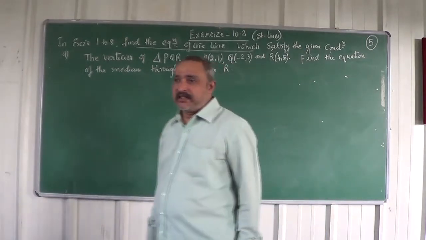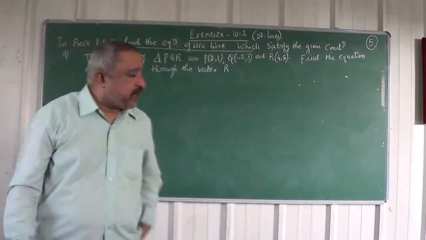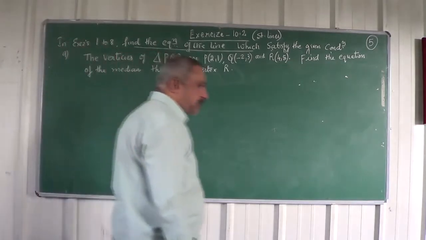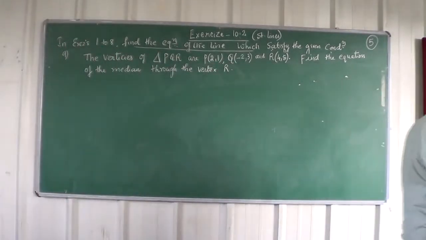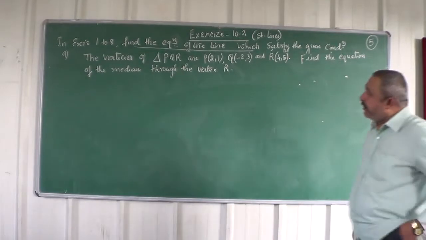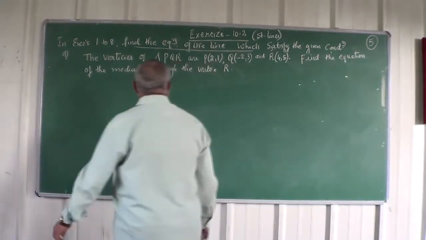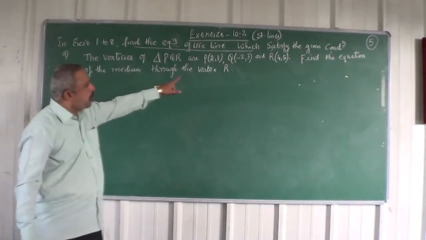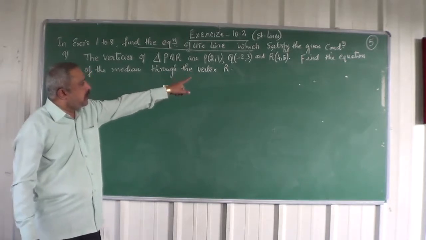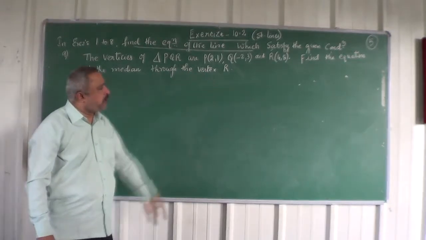Okay, now this is a very important problem and this is for 3 marks. The vertices of triangle PQR are P is (2, 1), Q is (-2, 3) and R is (4, 5).